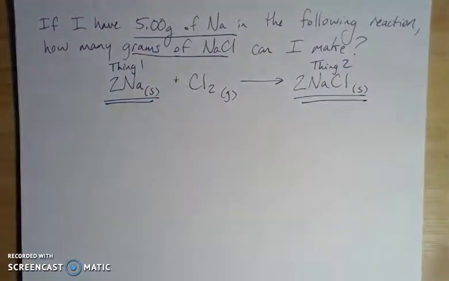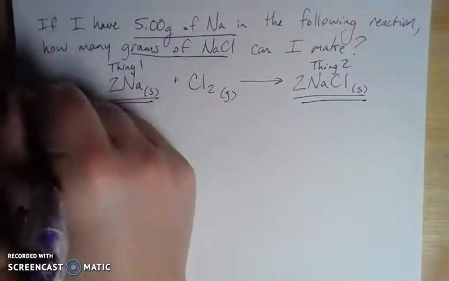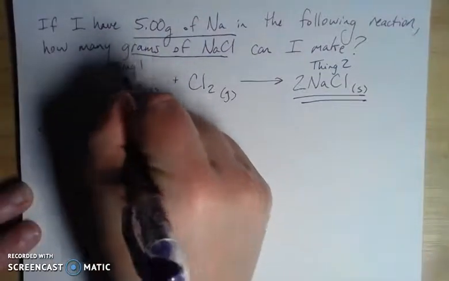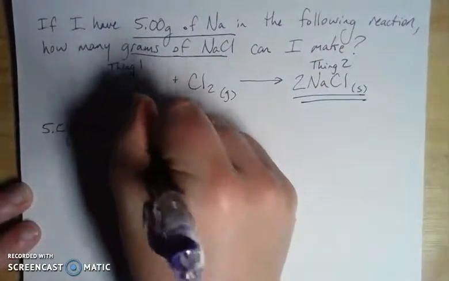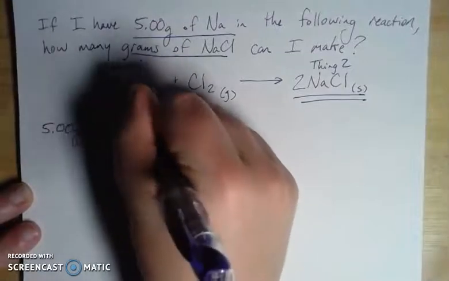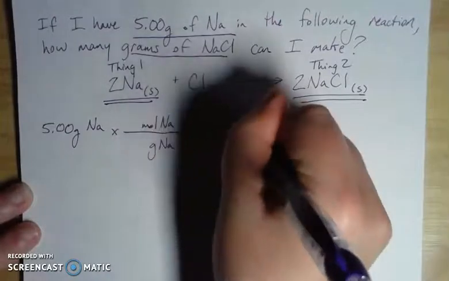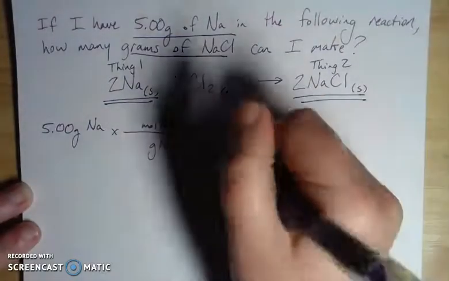Okay, so grams to moles, moles to moles, moles to grams. So I'm going to go from grams of sodium to moles of sodium. So I need grams of sodium to moles of sodium. Grams to moles. Now I'm going to go from moles to moles.